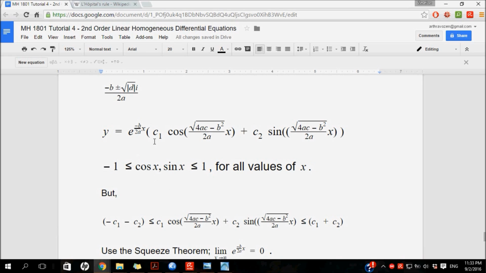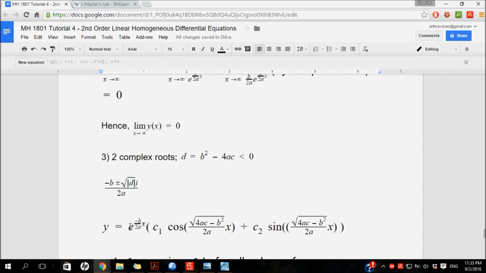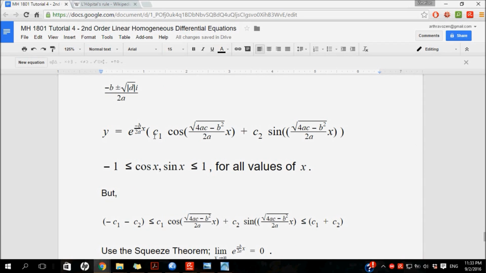We understand that the expression involving cosine and sine is this bit. What we also know is that the exponential term here tends to 0 as x tends to infinity. That comes from this particular formula that we have found in part 2. So we need to find bounds on this portion, and we can do it.